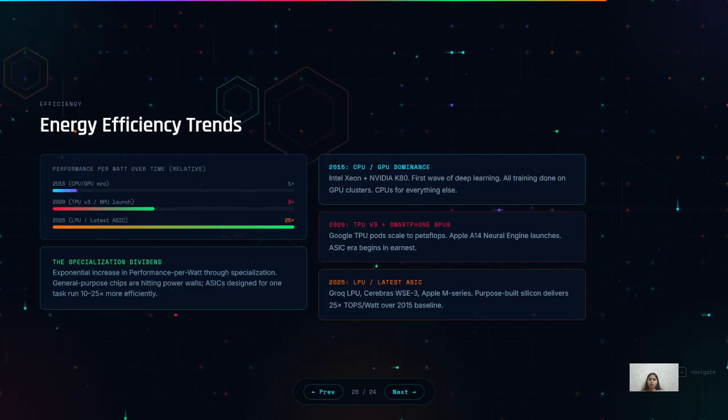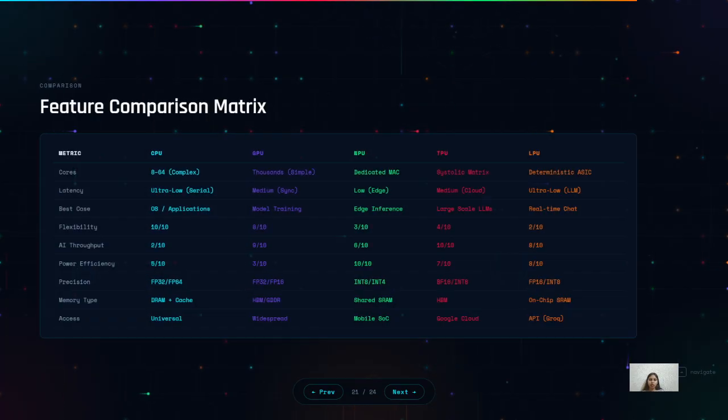Google TPU pods scaled to petaflops, Apple A14 Neural Engine launched, and the ASIC era began in earnest. In the latest and newest generation, LPU ASICs like Groq LPU and Apple M-series purpose-built silicon deliver 24x TOPS per watt over the 2015 baseline.